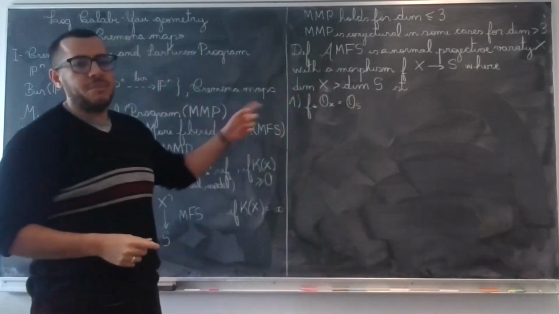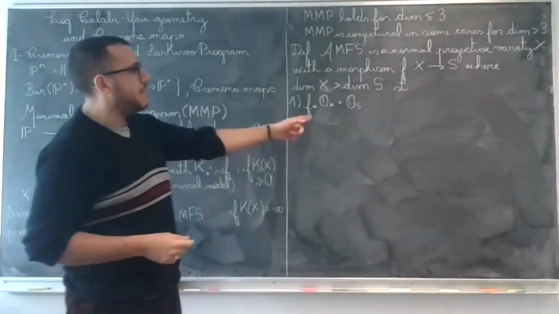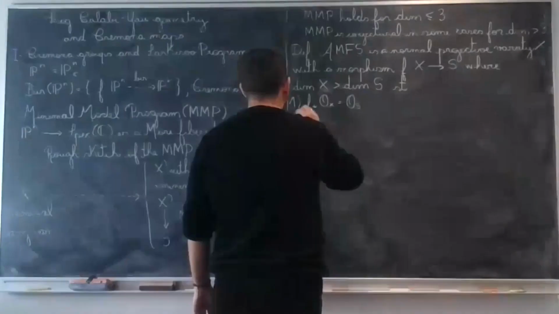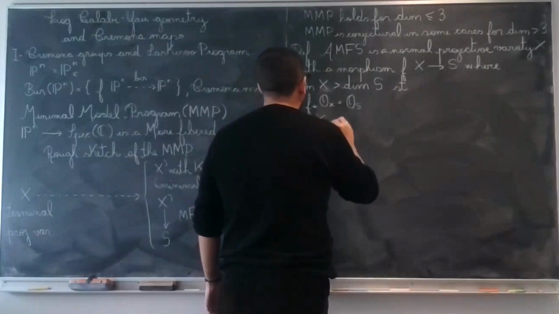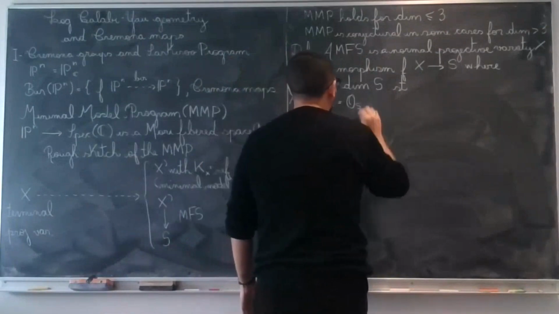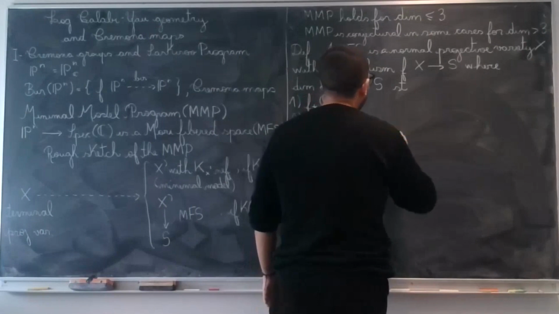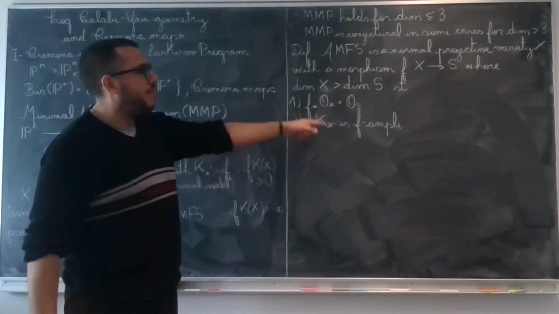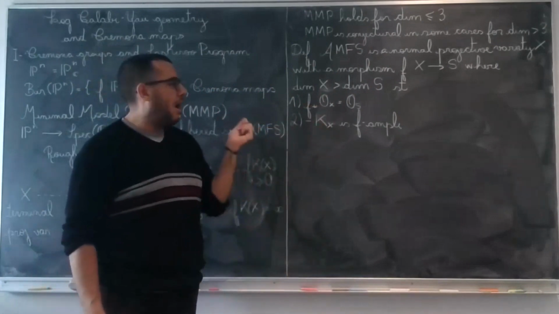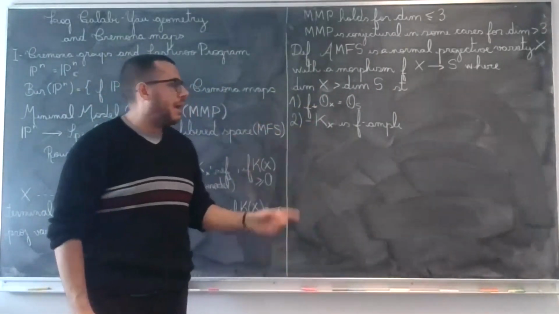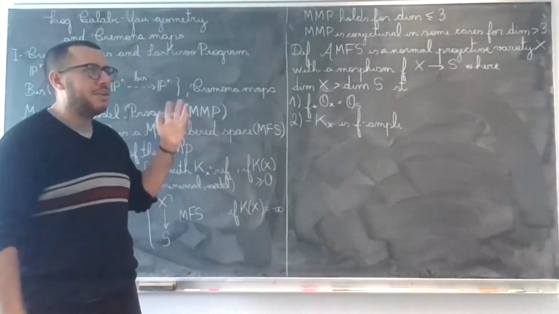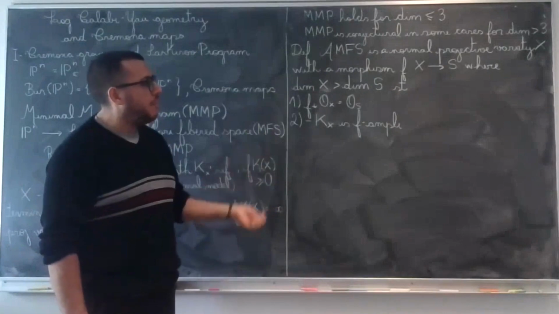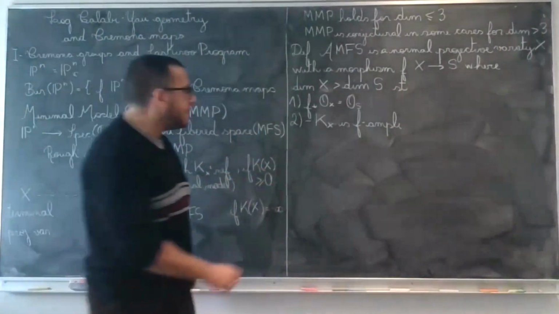This condition, by Zariski's main theorem, implies that the fibers of this morphism are connected. Second, the anticanonical class of X is f-ample. This condition is expressed by saying that the anticanonical class restricted to the fibers of this morphism is ample. This implies that the fibers are Fano varieties.